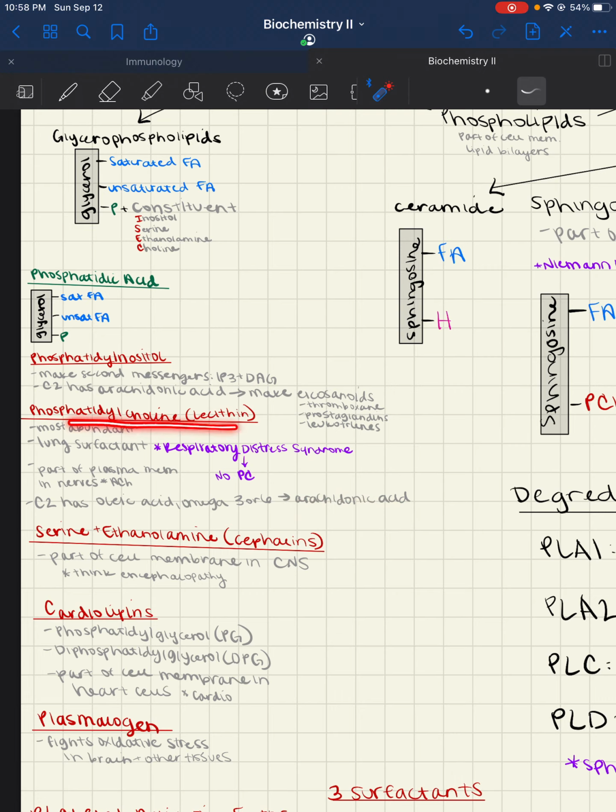So it looks like phosphatidylcholine's carbon 2 has oleic, omega-3 or omega-6, and then it's cut off to make arachidonic acid, and then arachidonic acid is on the carbon 2 of phosphatidyl inositol, and that's taken off to make eicosanoids.